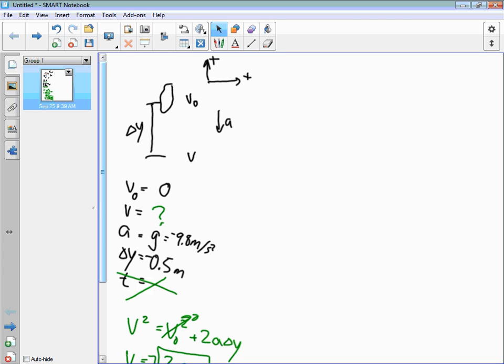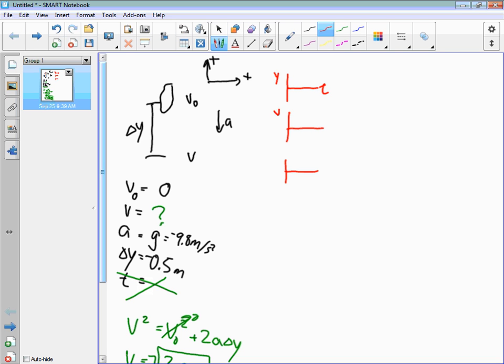What type of graph? Position time graph, velocity time graph, acceleration time graph? Well, you could draw any of those. Let's do red. Okay, I'll say that's Y, T, that's V, T, that's A, T. What do you got?